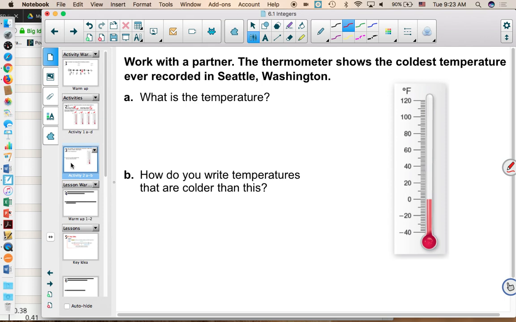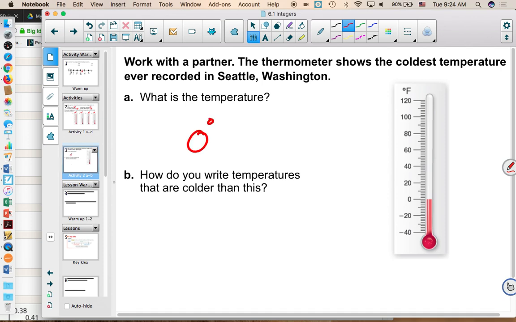Look at the thermometer and tell me what temperature it is. What temperature is it, Braden? 0 degrees. Okay? I agree with you.